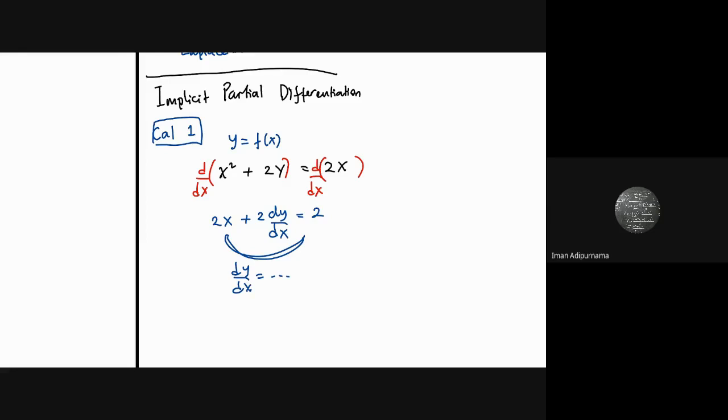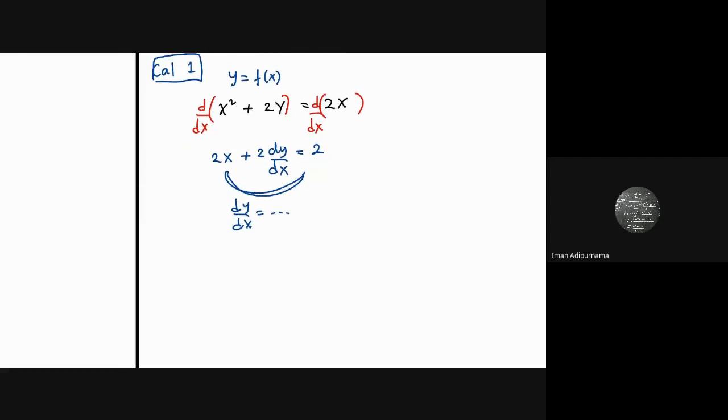And now we have implicit partial differentiation. Now, in calculus 2, the idea is similar, but if you look at the equation, it has at least two variables, right? At least two variables.